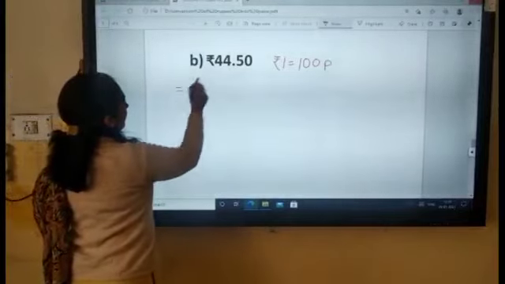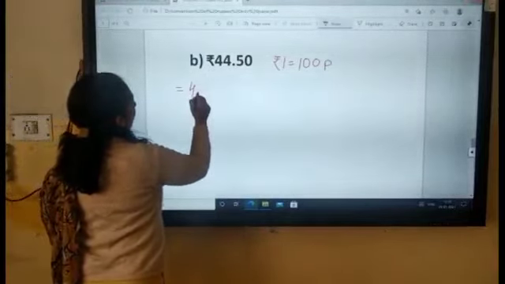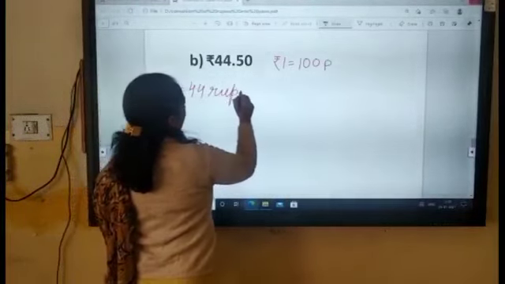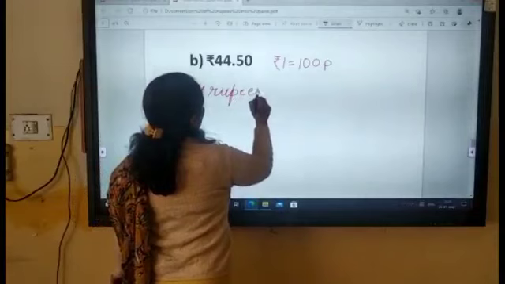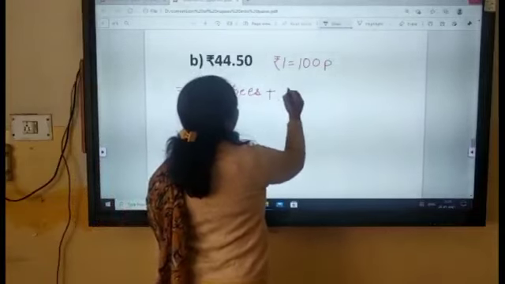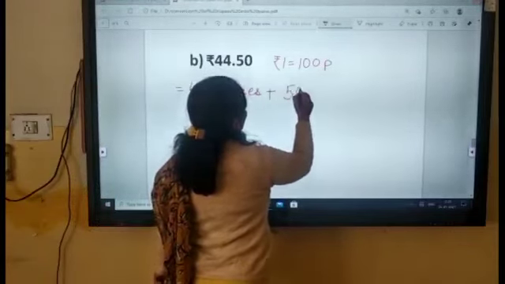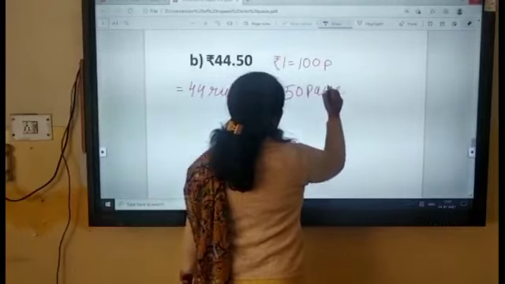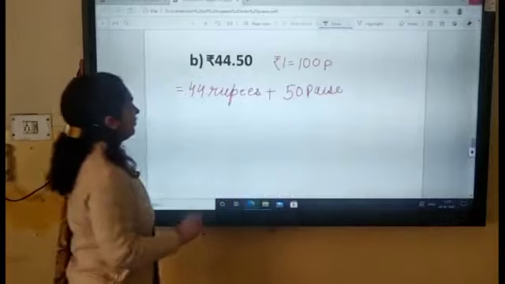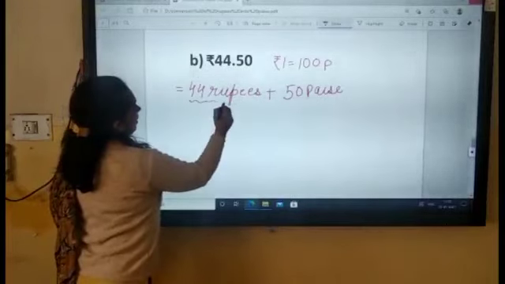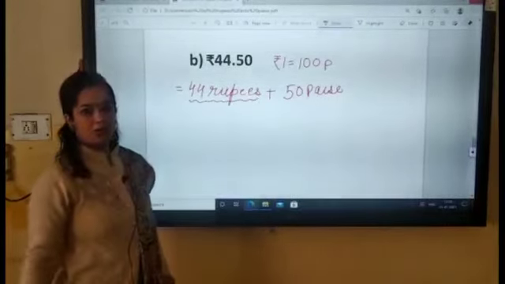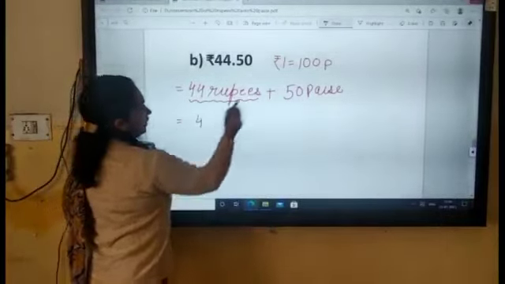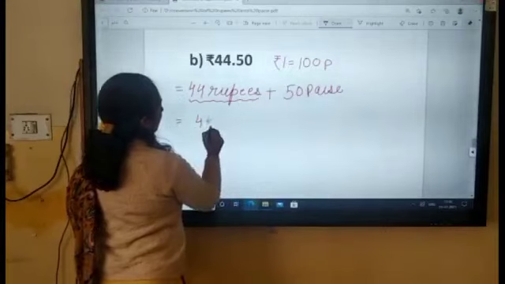We will write 44 rupees plus 50 paise. And now we will convert this amount of rupees into paise. So for this we will multiply it with 100.